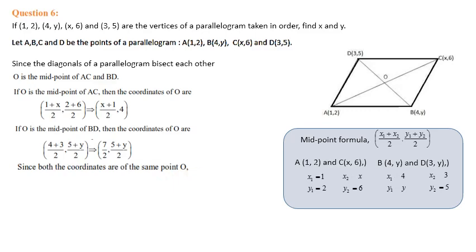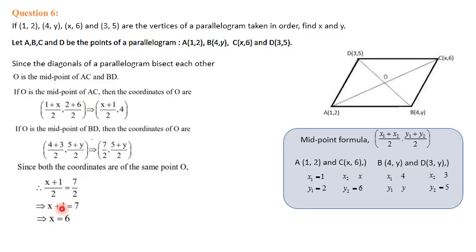Means the corresponding coordinates must be equal. The x value here, (x plus 1)/2, must be equal to the x value of this one, 7/2, and the y value here is 4, which must equal (5 plus y)/2. So if you equate it, (x plus 1)/2 equals 7/2. Here 2 you can cancel, x plus 1 is equal to 7.